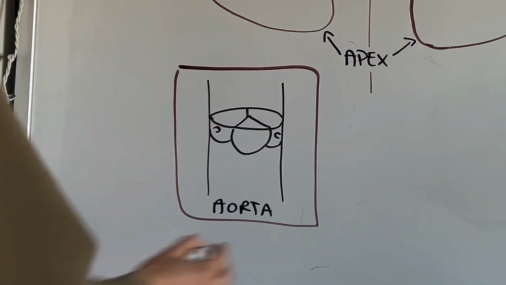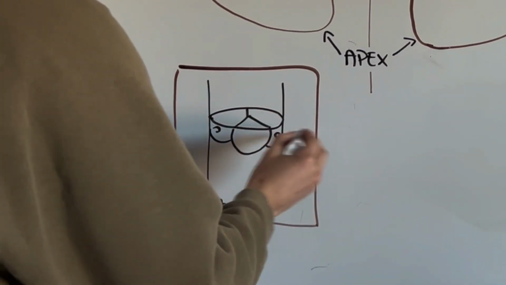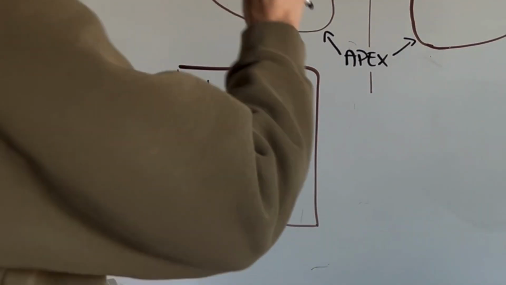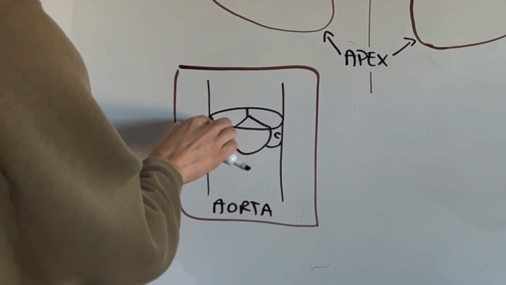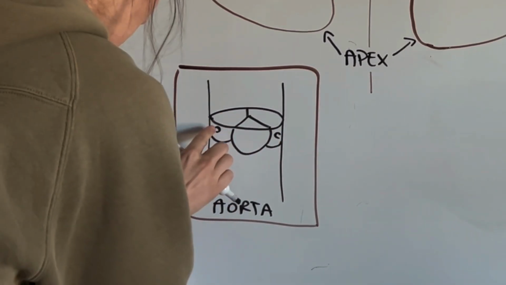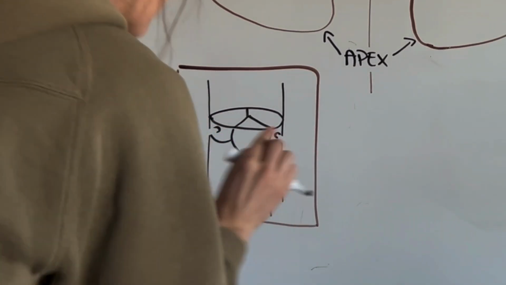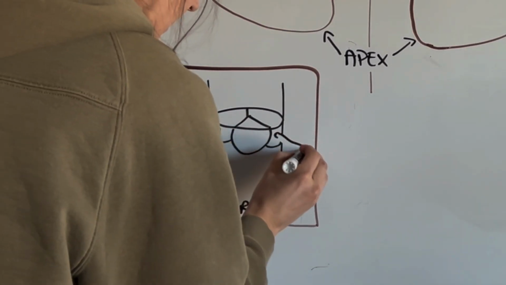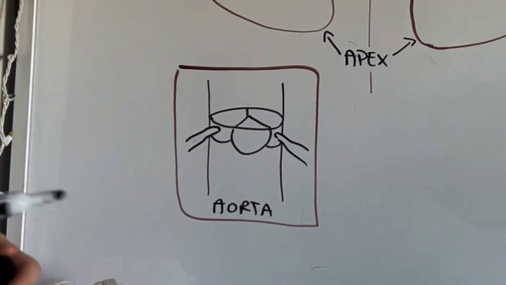So in our aorta is the aortic semilunar valve. This is this valve. It's got 3 little cups. 2 of those cups have little openings in them that are actually going to connect directly to and be the source of our right and left coronary arteries.